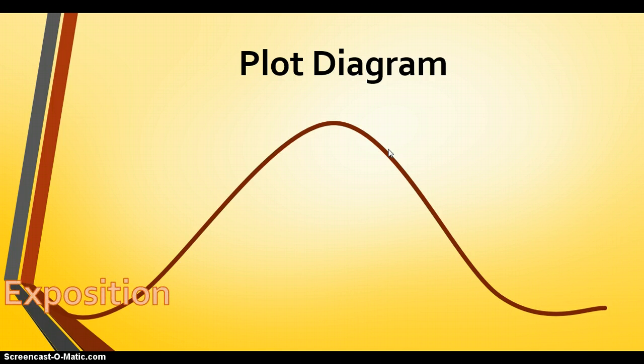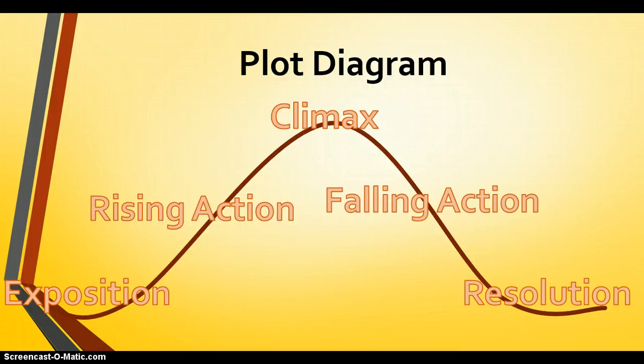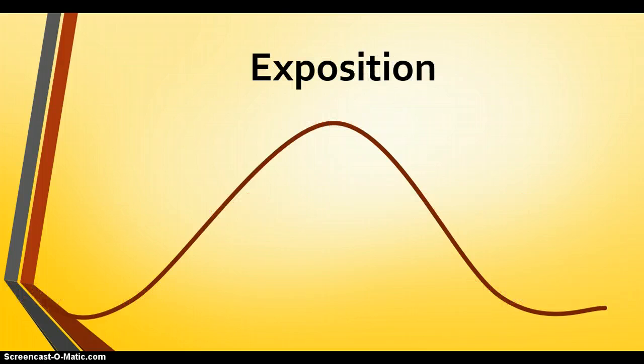The beginning of the plot starts with the exposition. Then the rising action takes place. There is the climax at the highest point, and then the falling action and resolution. And every story has the same cadence as you progress through the story.